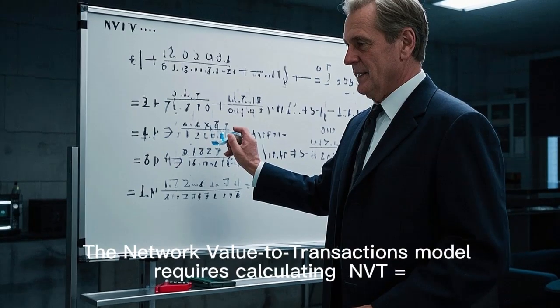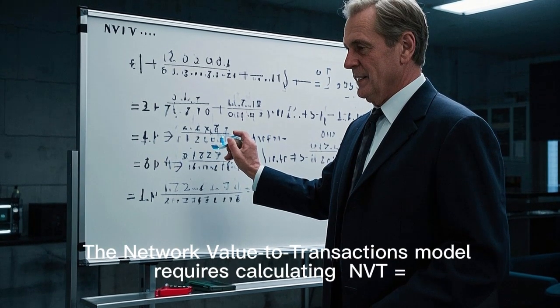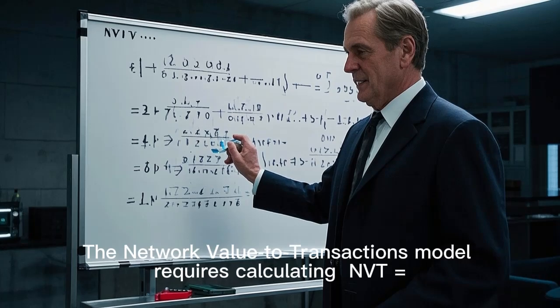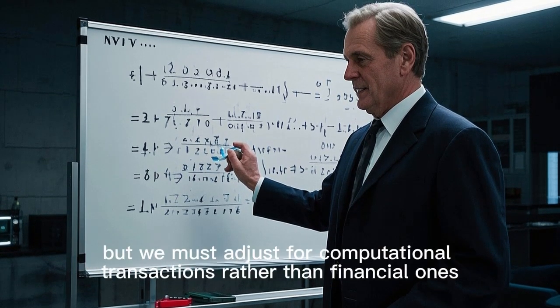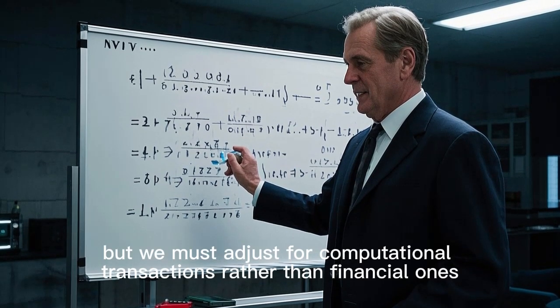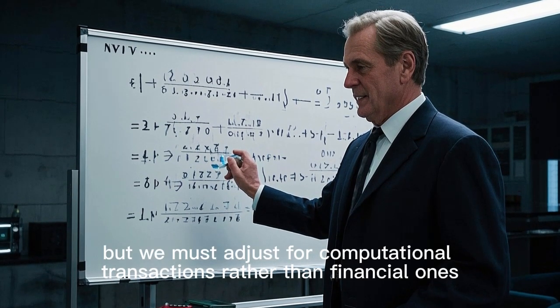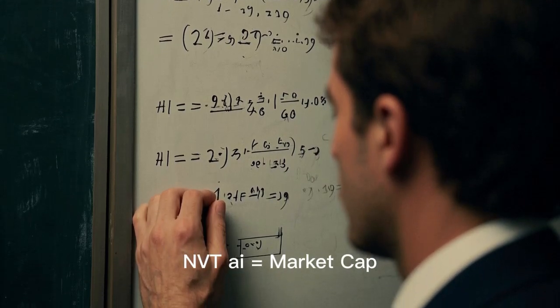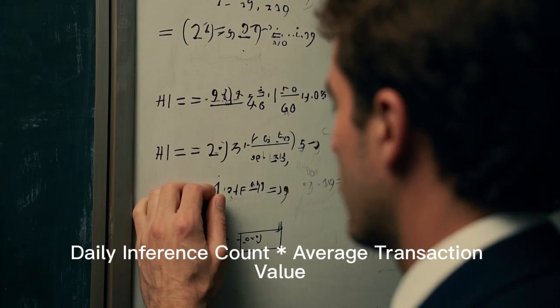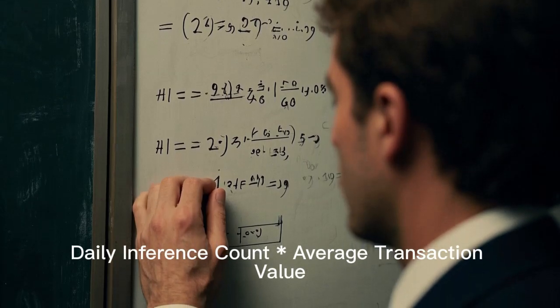The network value to transactions model requires calculating NVT = network value / daily transaction volume, but we must adjust for computational transactions rather than financial ones. Our modified formula becomes NVT_AI = market cap / (daily inference count × average transaction value).